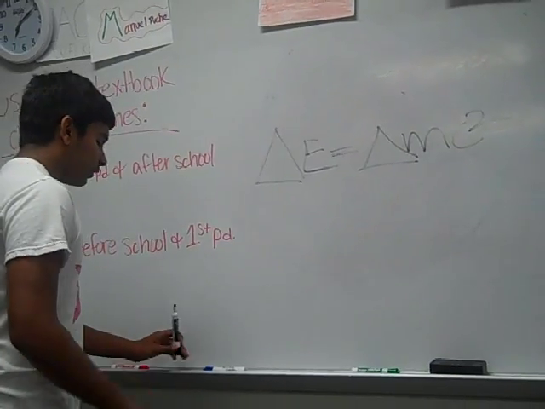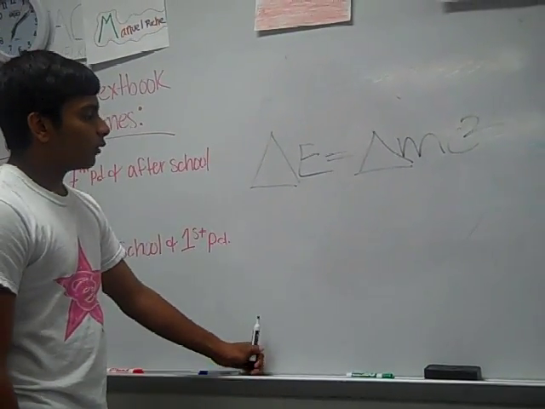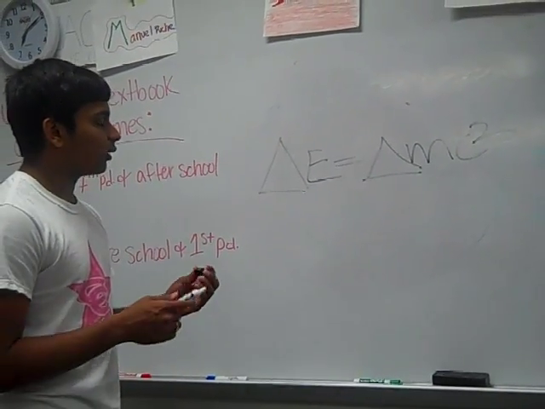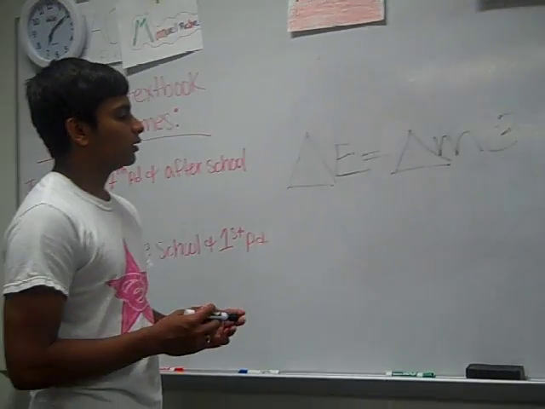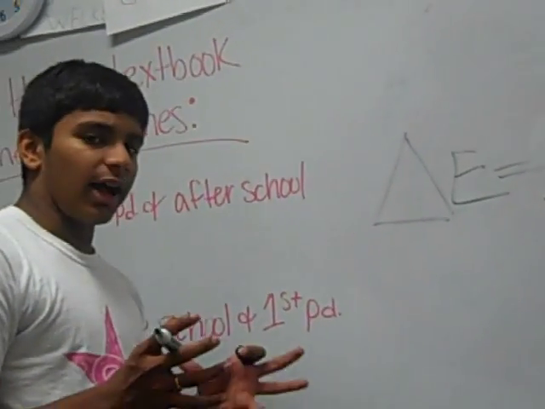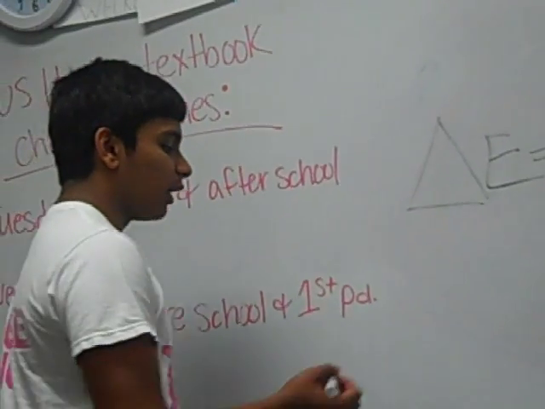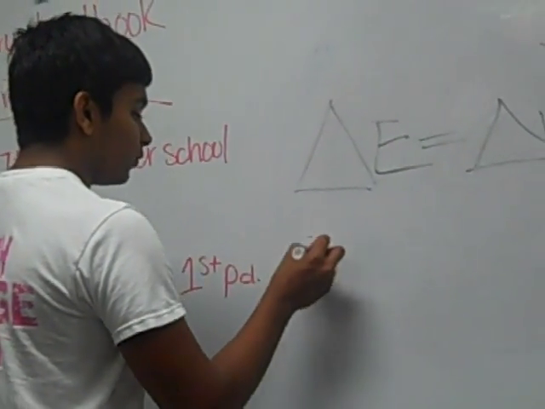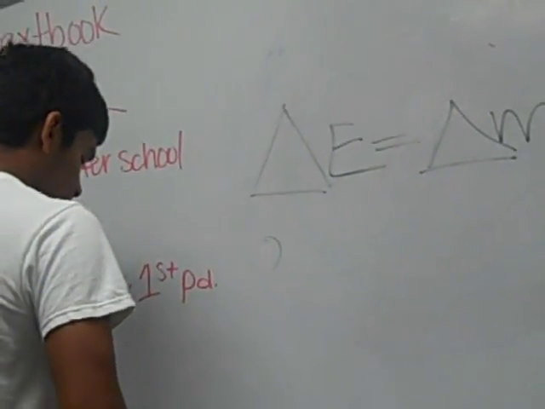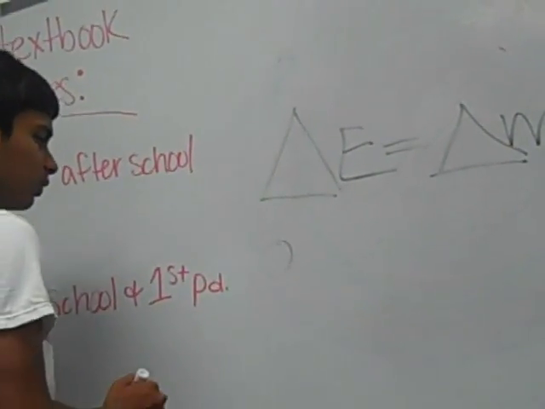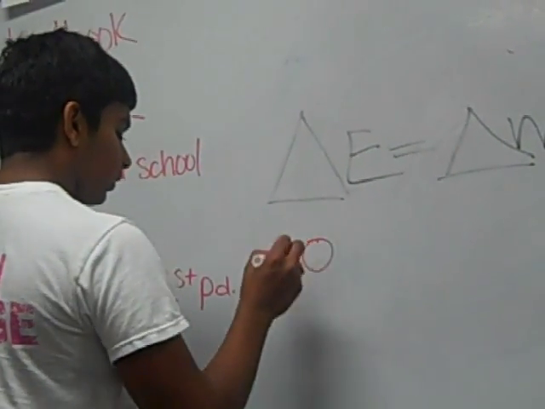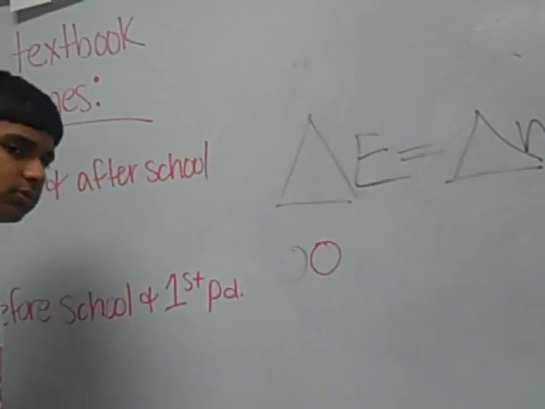So when you have a mass change that is not accounted for, basically, when an atom is being made, say you have a proton, a neutron, and one proton.